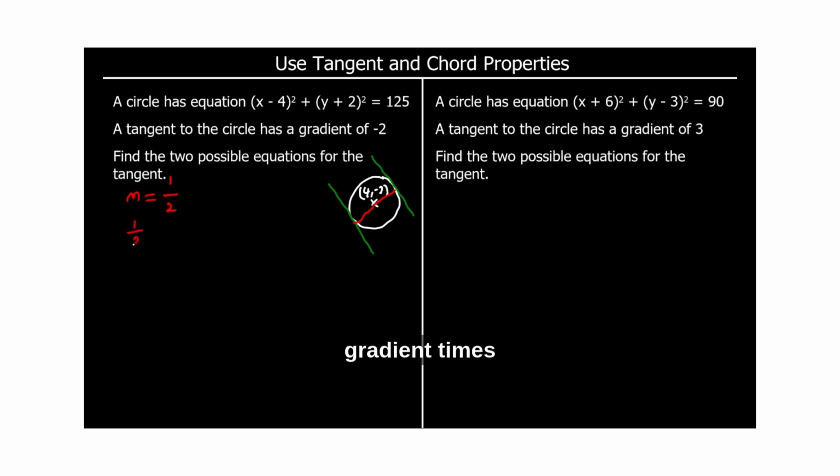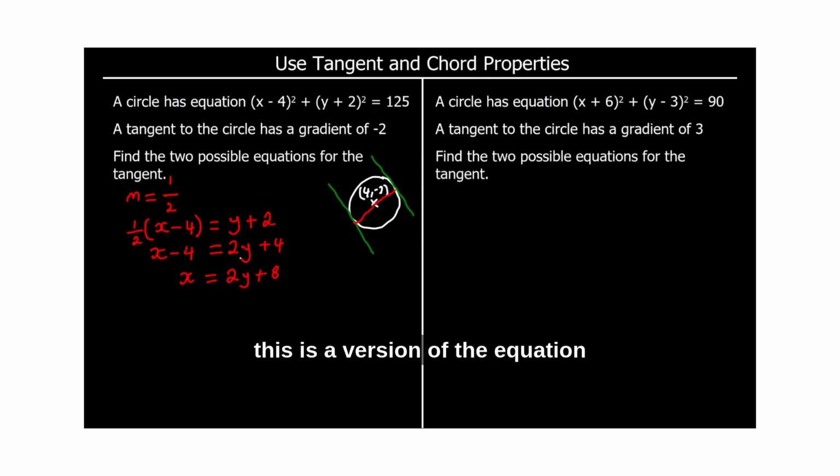So the gradient times x minus x1, x minus 4, equals y minus y1, y minus minus 2, so y plus 2. And if I double both sides, x minus 4 equals 2y plus 4. Then add 4 to both sides, x equals 2y plus 8. So this is a version of the equation of the radius.